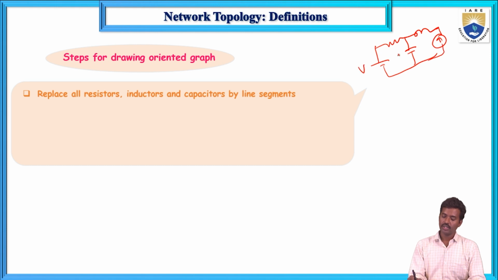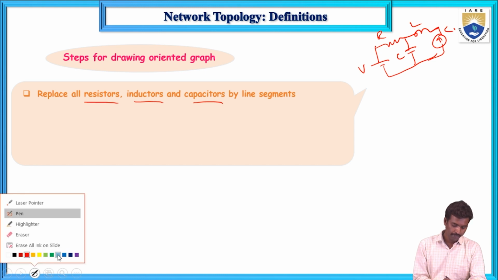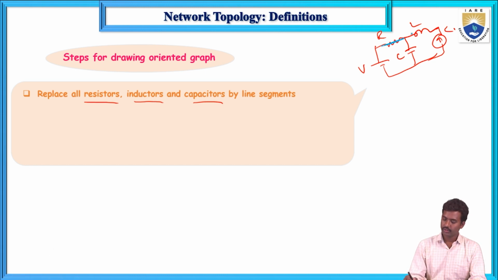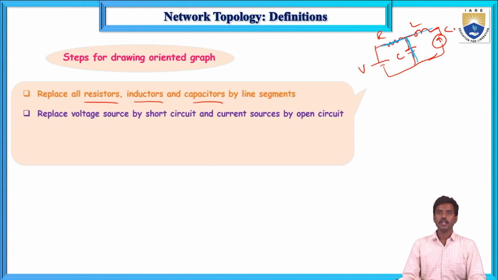So V, C, R, L, C. Now replace all resistors, inductors, and capacitors with line segments. Let me change the color over here. This one is replaced with a short circuit, this one is replaced with a short circuit, this one is replaced by a short circuit. Next, the voltage source is replaced by a short circuit, and the current source is replaced by an open circuit, not a short circuit.